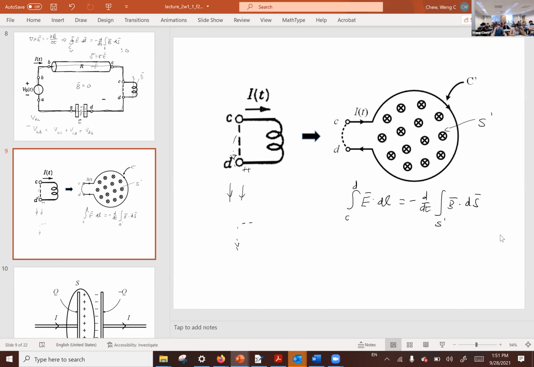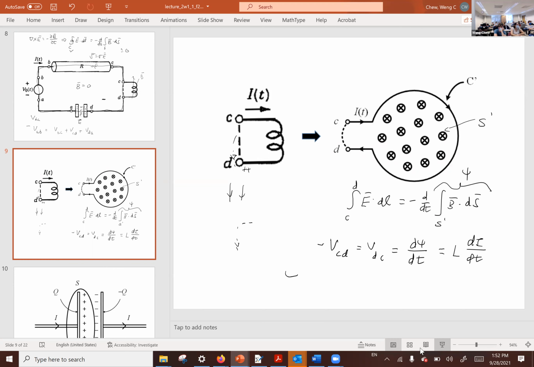And this allows us to relate the flux linkage on the right to the voltage drop from C to D. By so doing, we can show that VCD, which is negative, actually is VBC, and that should be equal to the time derivative of the flux linkage, which is essentially this one. That is the flux linkage, and this usually can be defined as L di/dt.